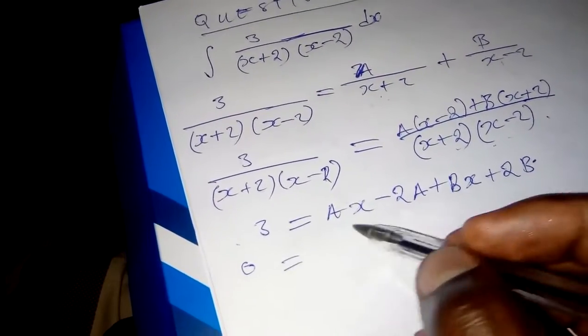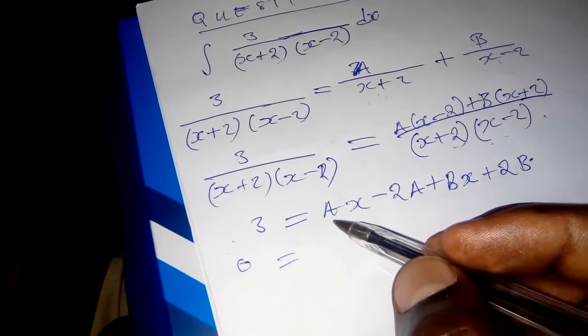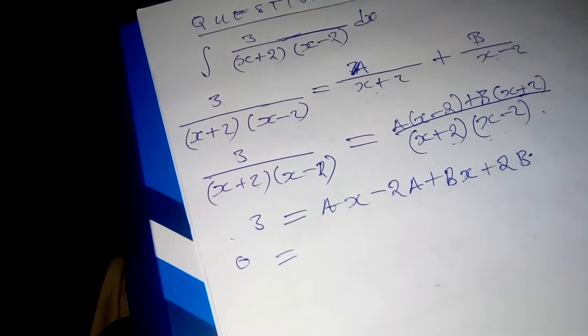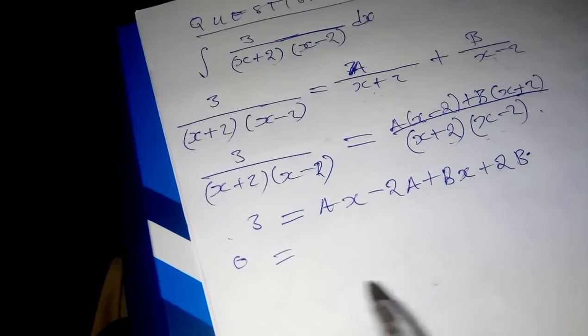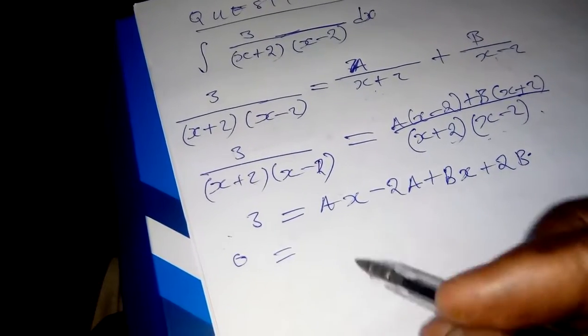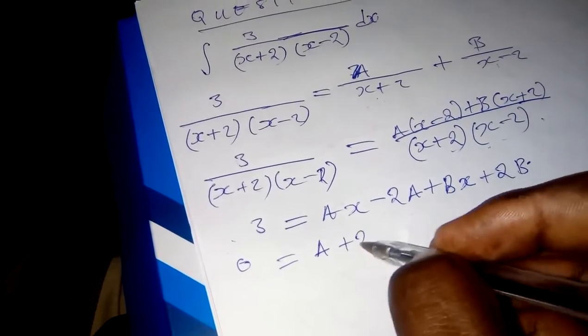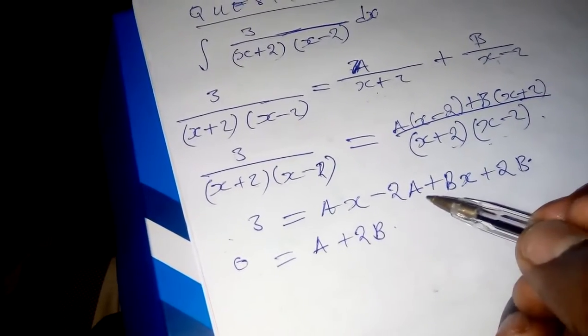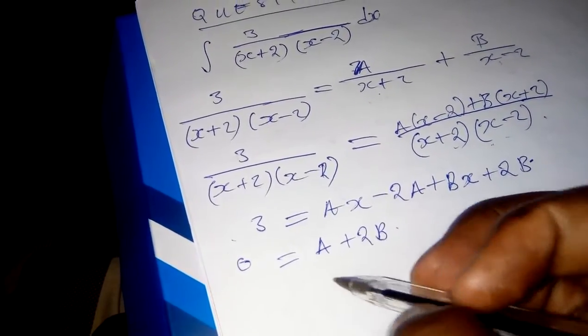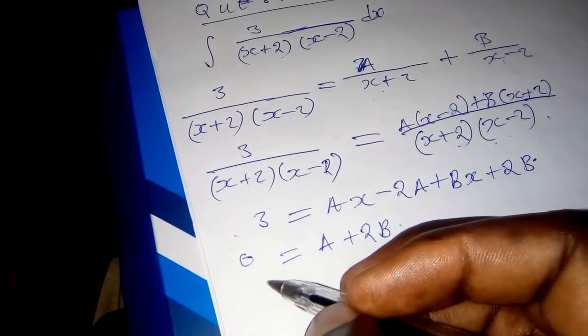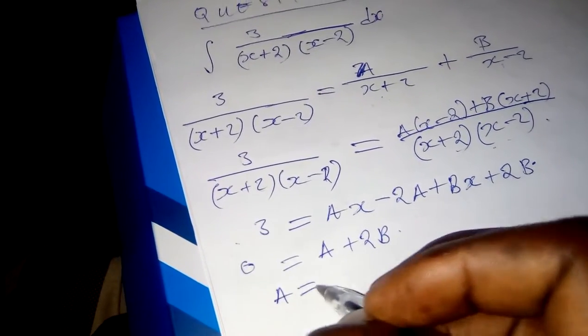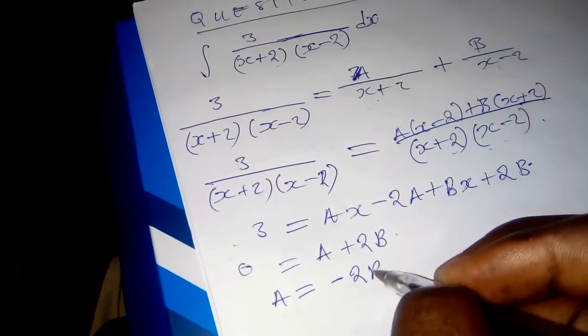So 0 is equal to the coefficient of x on this other side, which is going to be a plus 2b, like that.